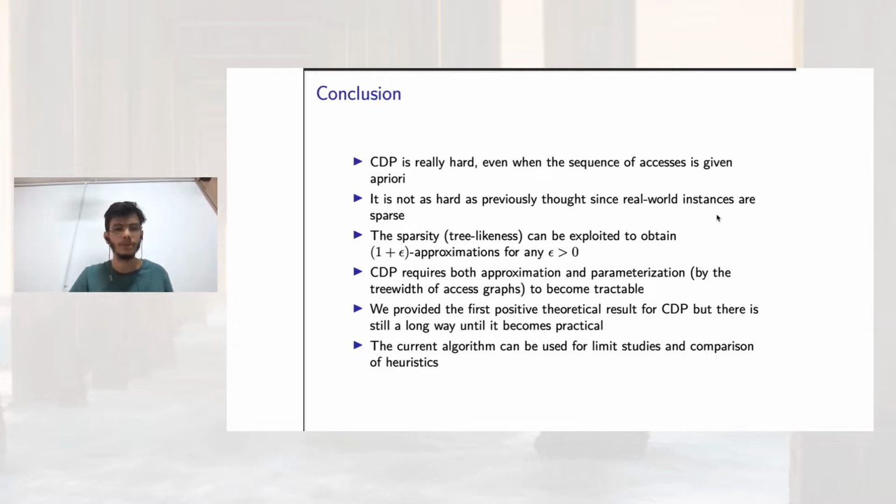The sparsity can be exploited to obtain a 1 plus epsilon approximation, and CDP requires both approximation and parameterization to become tractable. We provide the first positive theoretical result for CDP, but there is still a long way until it becomes practical. And the current algorithm can be used for limit studies and comparison of heuristics.